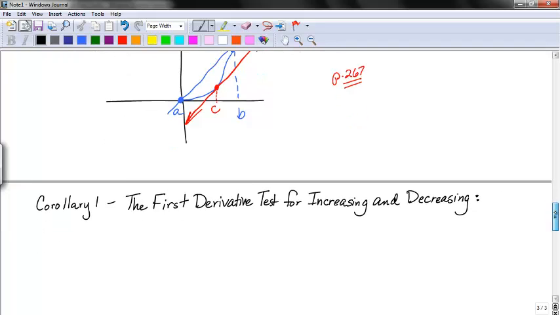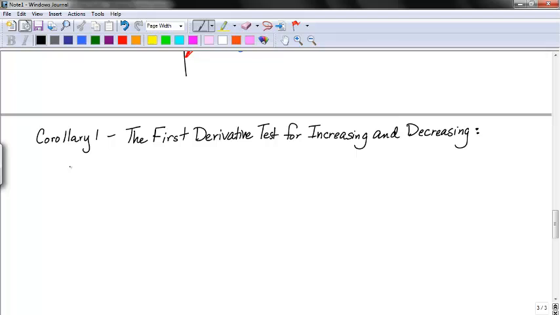And that corollary says f, the function, increases when the first derivative, f prime, is greater than 0.